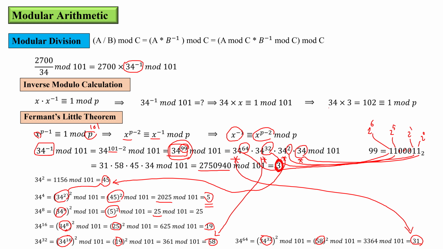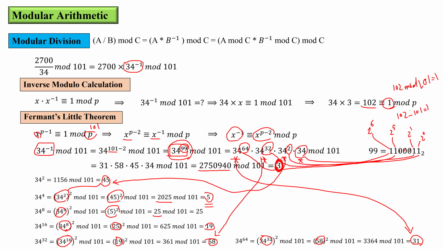So this means that 34 multiplied by 3 equals 102, and 102 mod 101 equals 1, because you can compute 102 minus 101, which is 1.